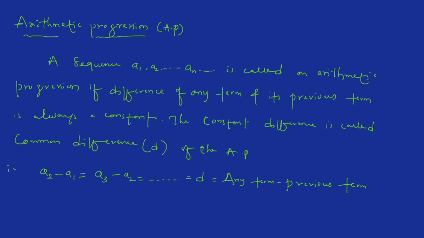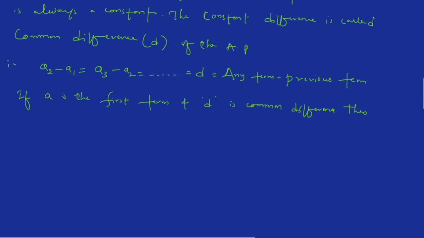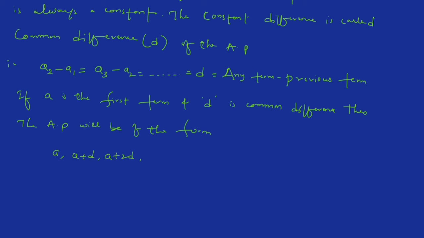Here, if a is the first term and d is the common difference, then the AP will be of the form a, a plus d, a plus 2d, a plus 3d, and so on.